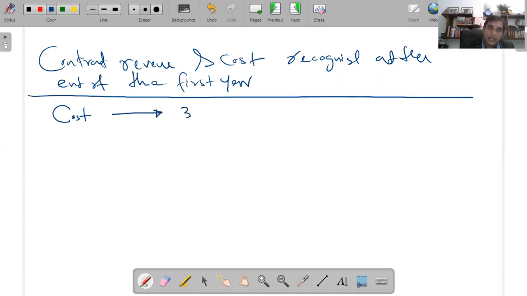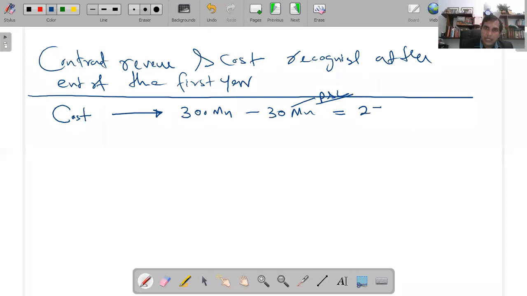Now they incurred 300 million, but in this 300 million, 30 million is abnormal loss, wastage. So this 30 million you can charge into P&L as just an expense.